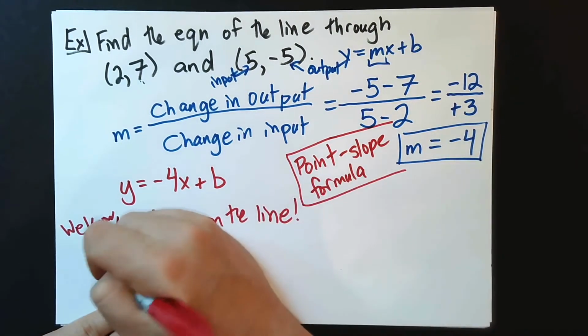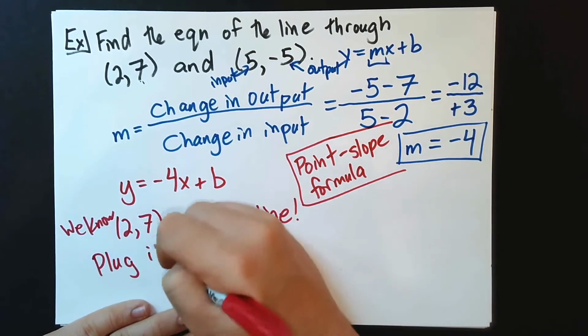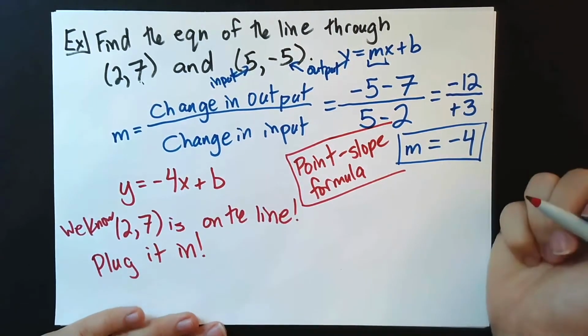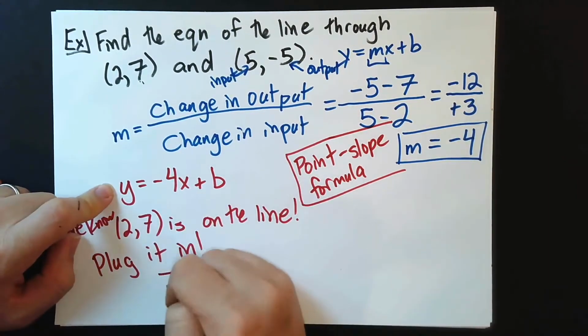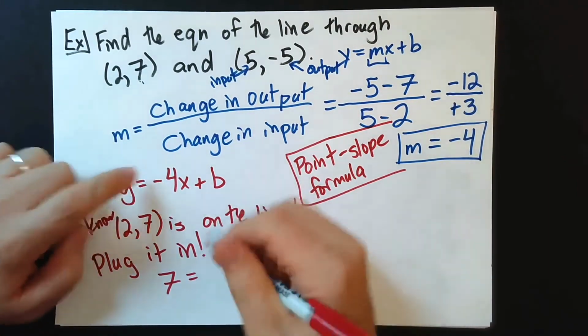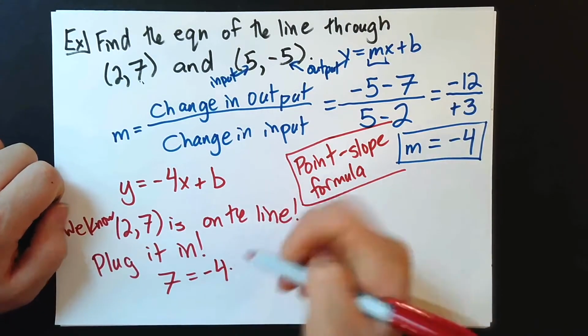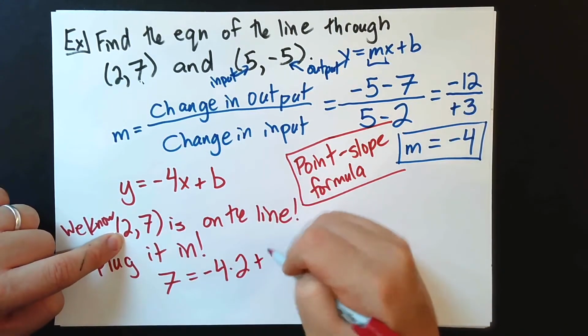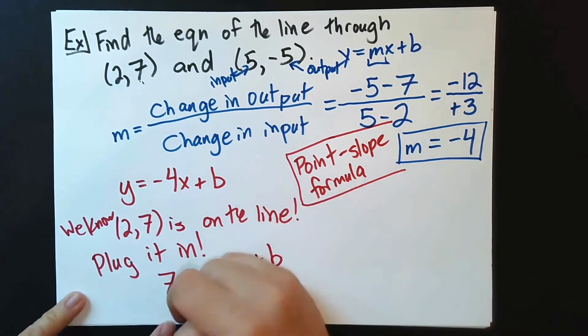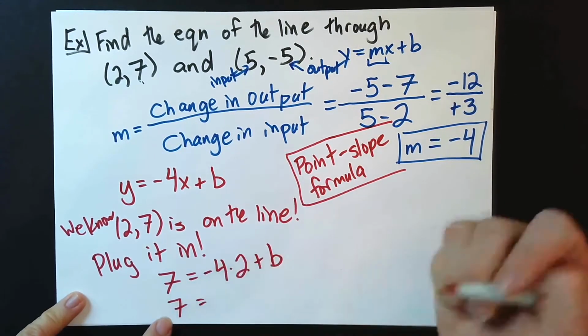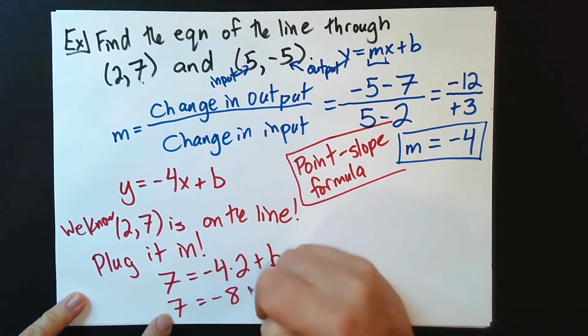So we can, and I know everyone loves this phrase, we can plug it in. And so when we do that, I plug in the 7 for y, and I get that that's equal to minus 4 times 2 plus b, whatever this b happens to be. So 7, that's minus 8 plus b.